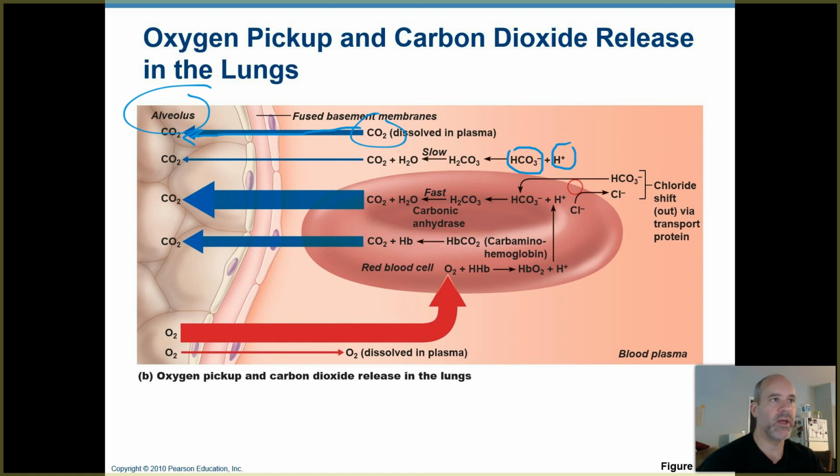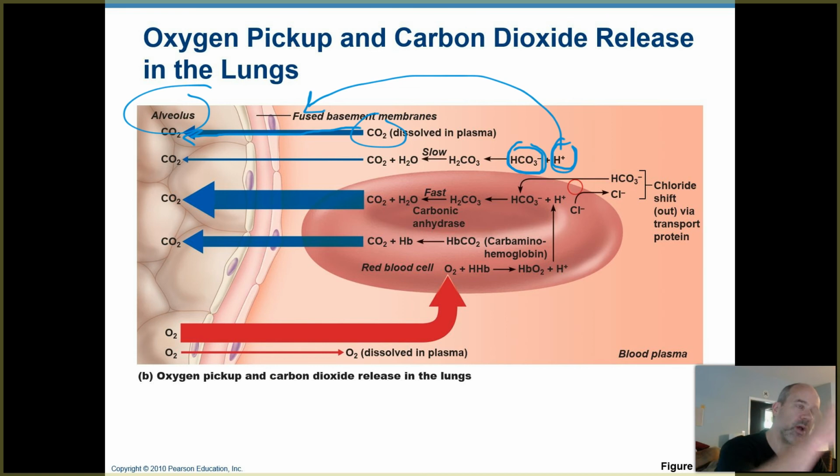And so that chemical reaction we talked about seesaws back and forth. It can go in both directions. So over here in the pulmonary capillaries, because you have high CO2, and a lot of that CO2 is present inside these bicarbonate ions, there are a lot of those around that can react with hydrogen ions, and that tends to force the chemical reaction to go in that direction.